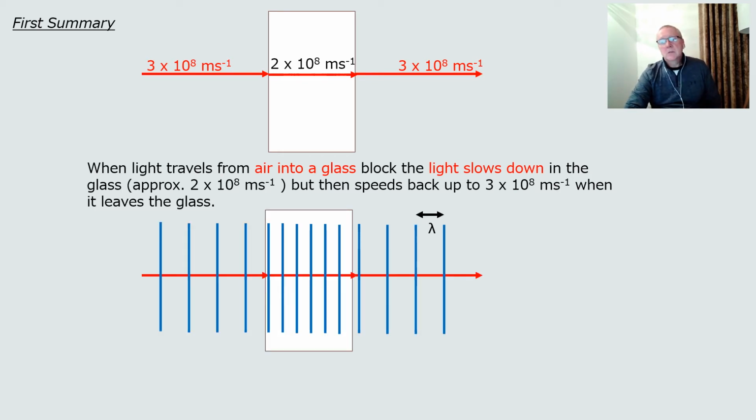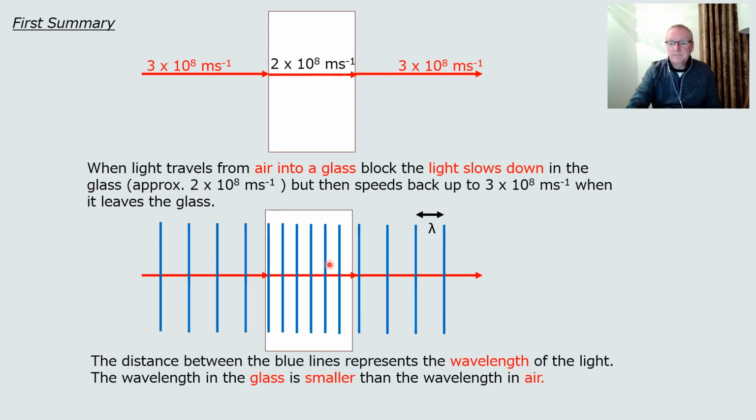So in this diagram, the blue lines represent the wave fronts, and the distance between the wave fronts is the wavelength. There's no animation here, but you can see hopefully that the distance between the wave fronts before going into the glass block and after leaving it is bigger, so the wavelength is bigger, and the wavelength decreases inside the glass block.